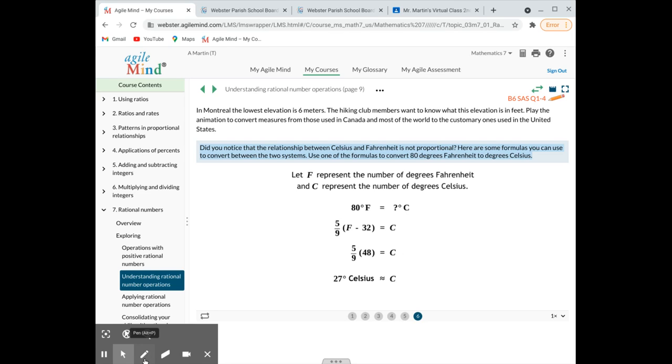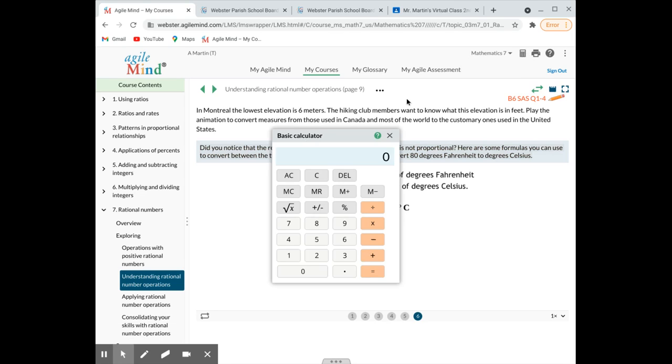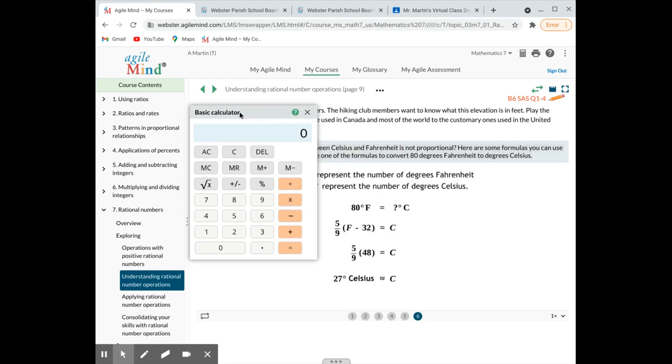How do we do that? I think you have to multiply it. Yeah, we do. We just take the whole number and multiply by the numerator, and we get 240, and then we divide it by 9.